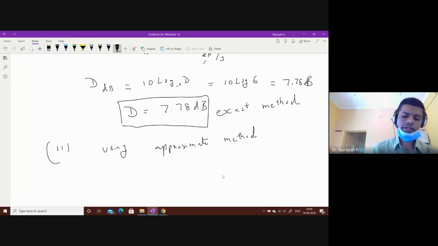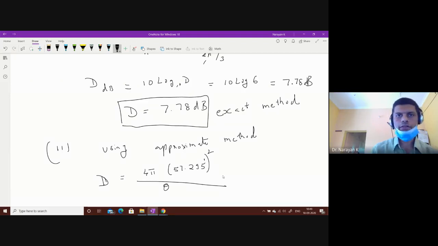Directivity in terms of degrees will be 4 pi into (57.295 degrees) whole square divided by theta E into theta H.